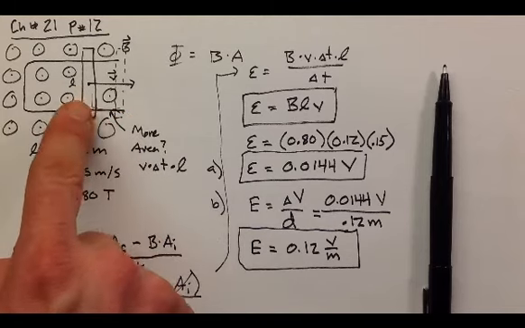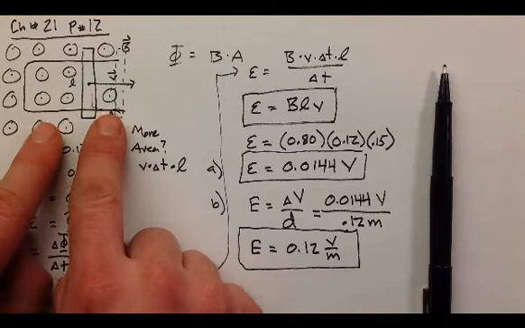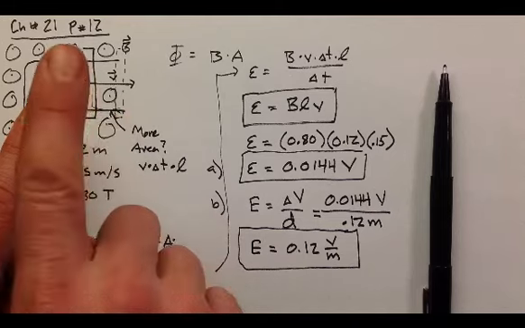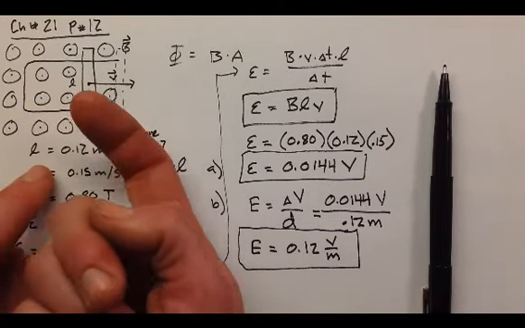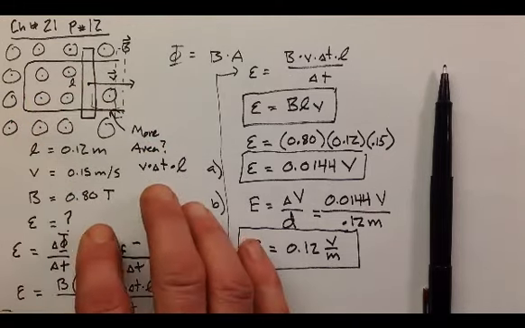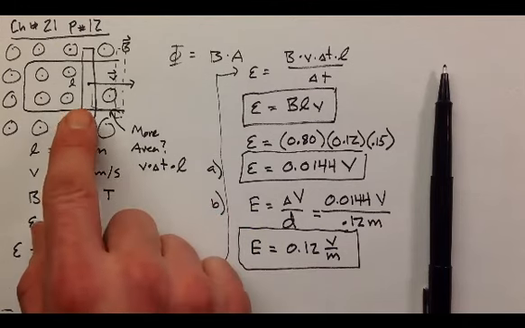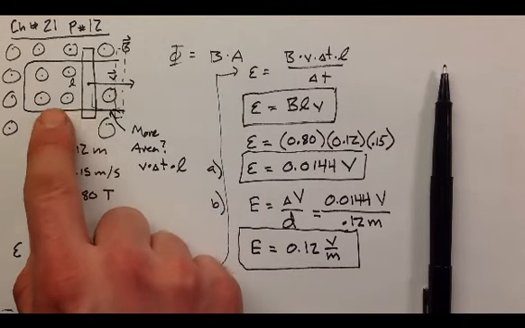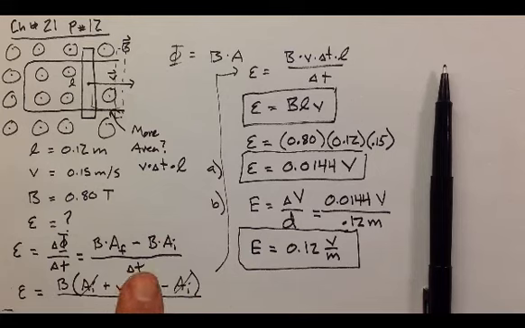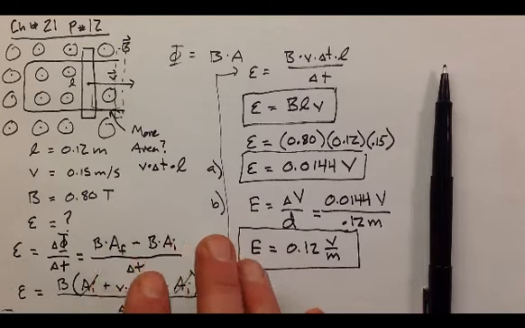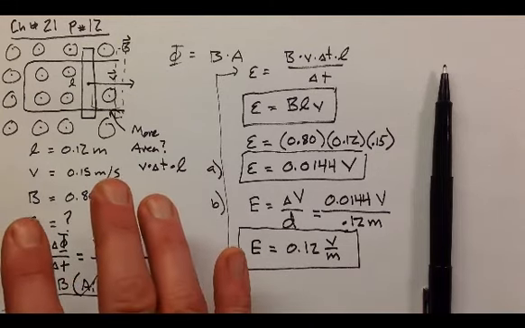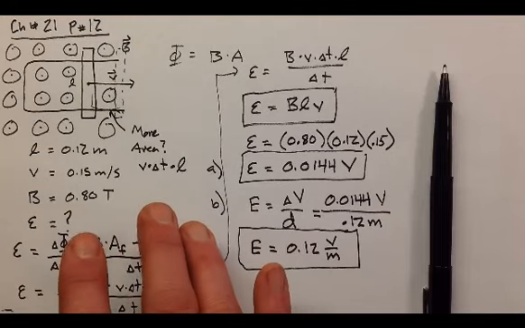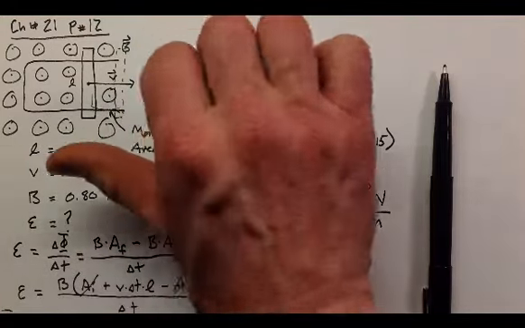So the direction of the change in flux is also out of the page. If you go from flux being out of the page to bigger out of the page, that's a change in flux out of the page. So the direction of the change in flux is out of the page. Therefore, by Lenz's law, the induced current will have to produce a magnetic field into the page.